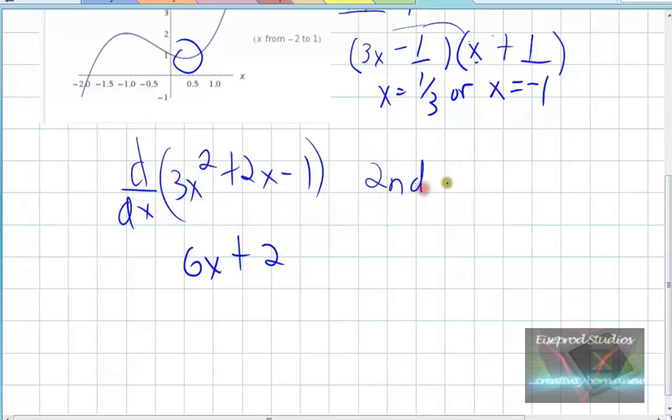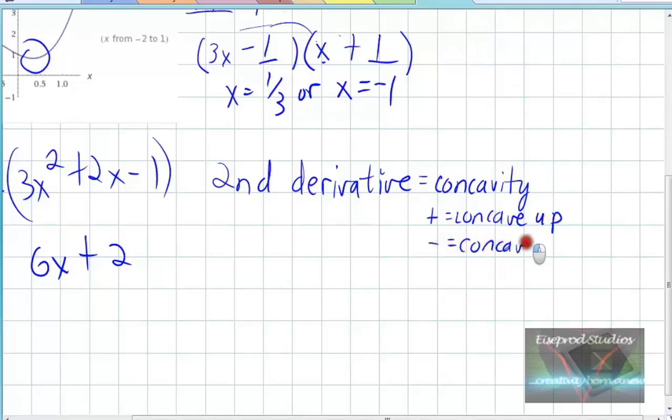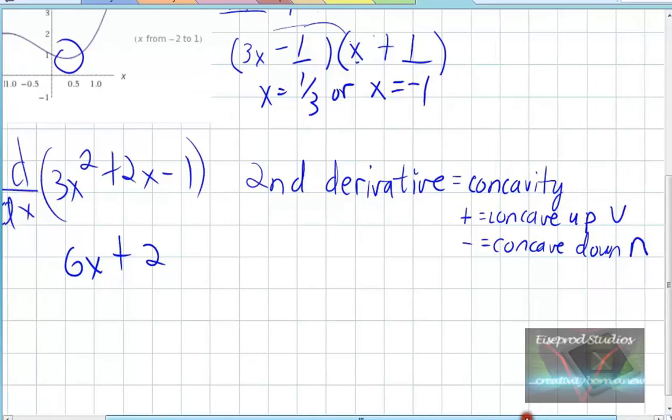Second derivative tells us concavity. Okay, and if it's positive, that's concave up. And if it's negative, that's concave down. So concave up looks like this, concave down looks like this.